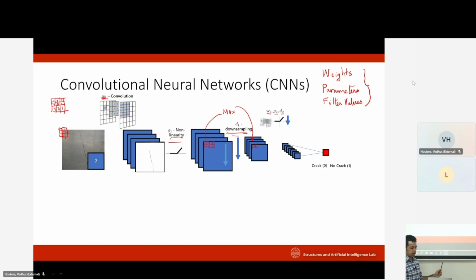So when you're using convolutions, you're able to do some processing, but you only have to learn a few parameters, right? Here I'm only having to learn 9 in this case.